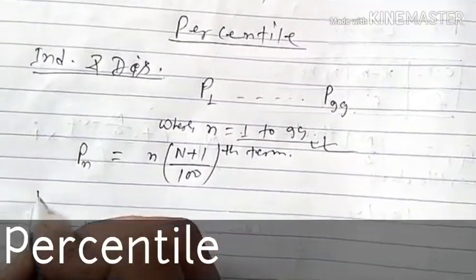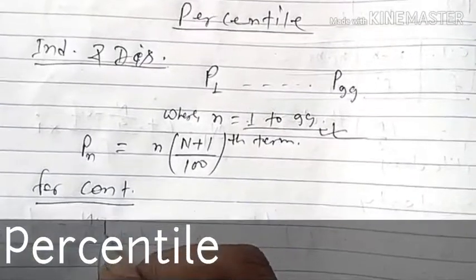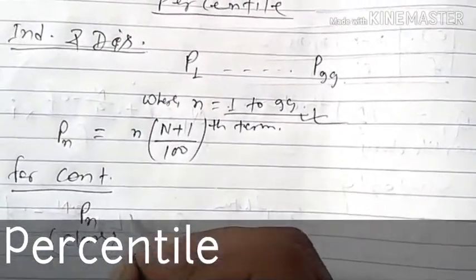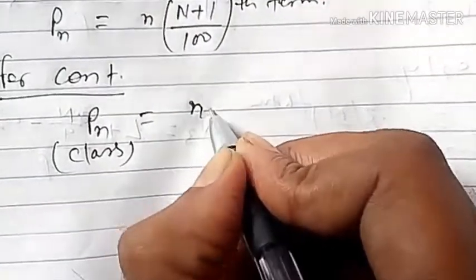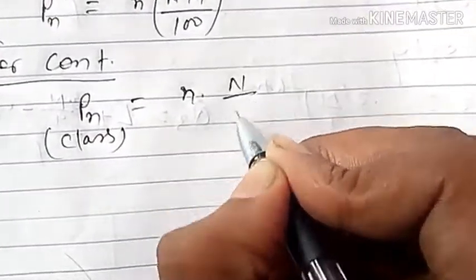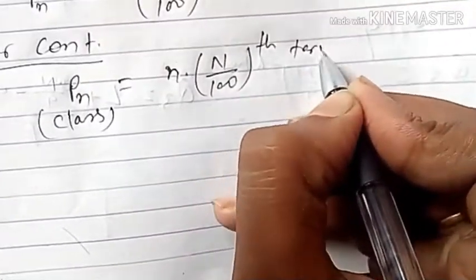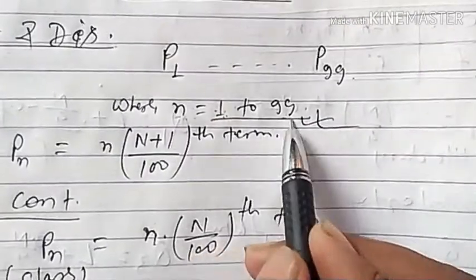And for continuous series, for Pn, first you have to find the class, with small n into N by 100th term, where n runs from 1 to 99.